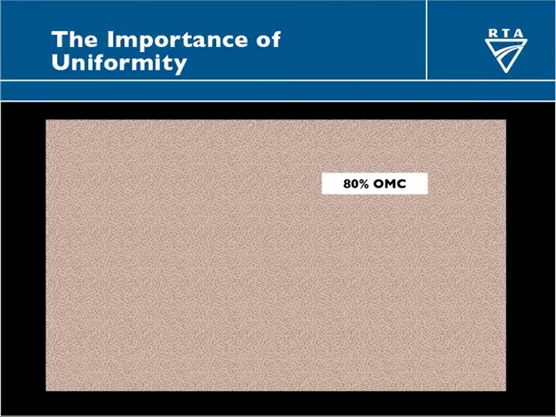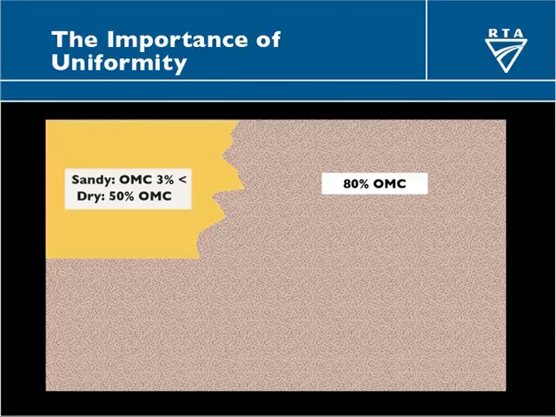But suppose today was Monday, and that corner of the lot was placed a week ago in the middle of summer. It's a different material because it came from a different source, say at the other end of the fill. It's sandier, optimum is lower, it has been baked out in the sun for a week, so it's considerably drier.